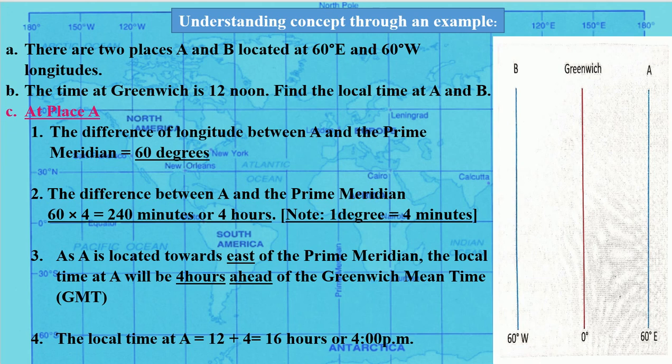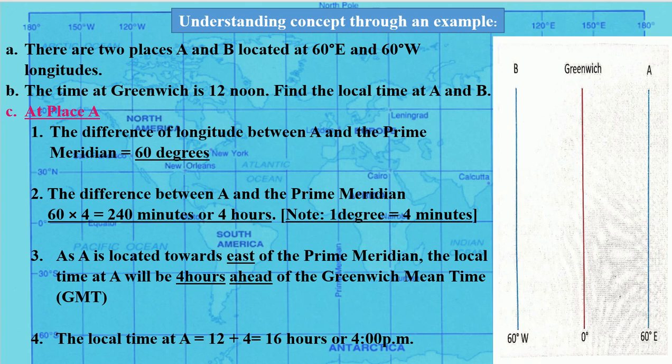If the time at Greenwich is 12 noon, the local time at A will be 4 hours ahead, which means 4 p.m. I have written 16 hours there. In mathematics you must have learned about international time, so we write 1600 hours, which in Indian Standard Time converts to 4 p.m.